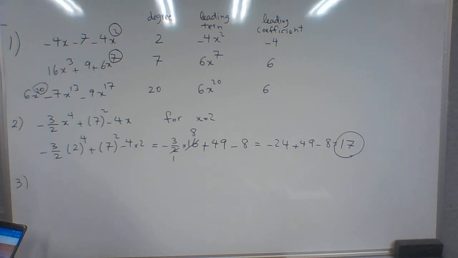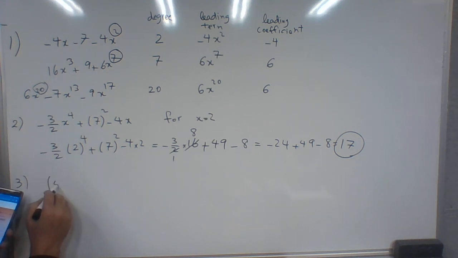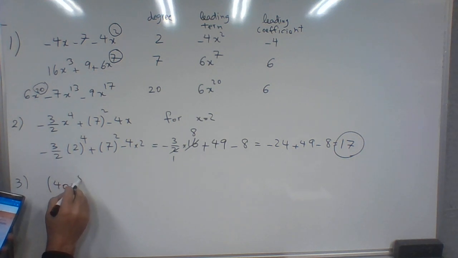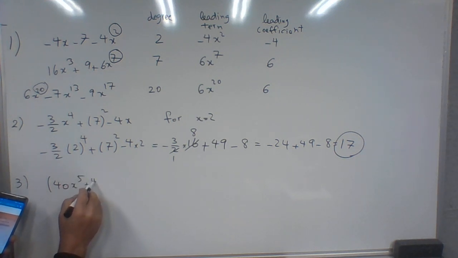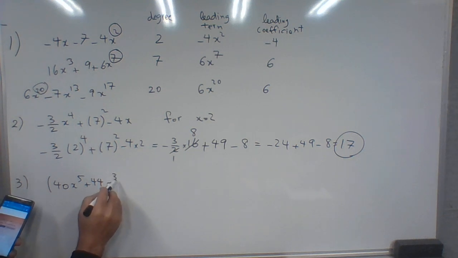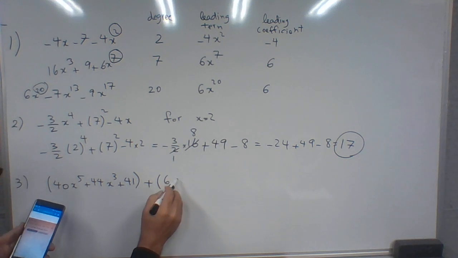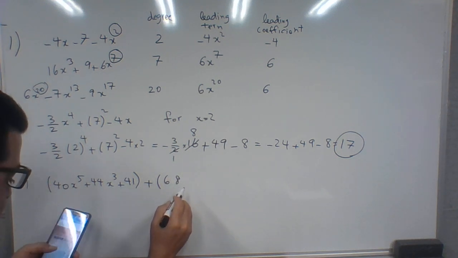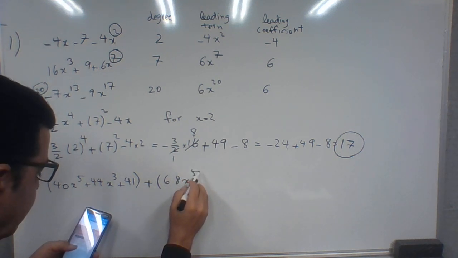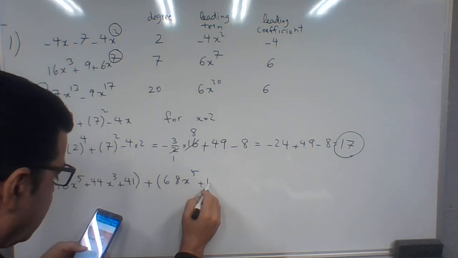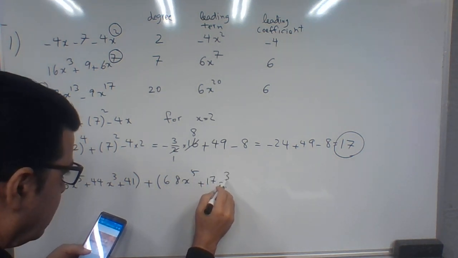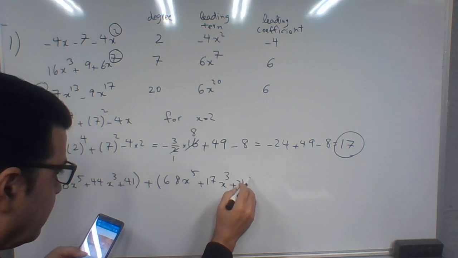Find the sum. We have an addition of two polynomials. We want to find the sum. So I rewrite 40x5 plus 44x cubed plus 41 plus 68x5 plus 17x cubed plus 24.